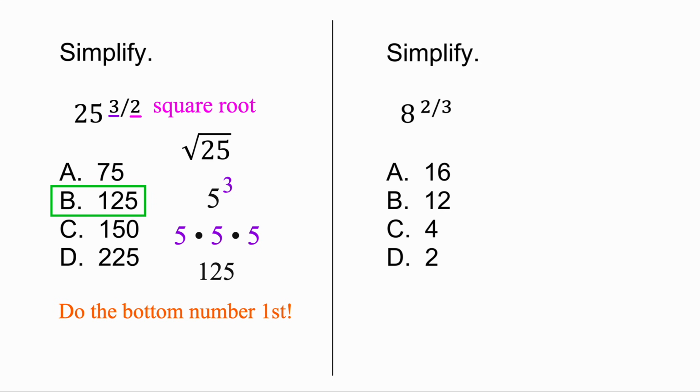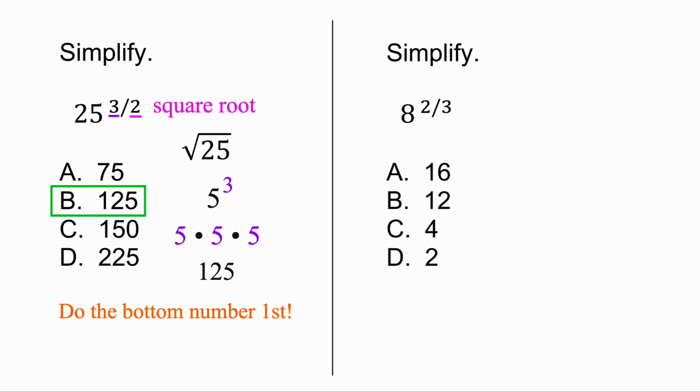So surprisingly, B is the same thing as this one here. We took the square root of the number first, we got it down to a nice easy 5. Then we applied the power, or the top number of the fraction. That's a good way to simplify when you have a number to a fractional power.